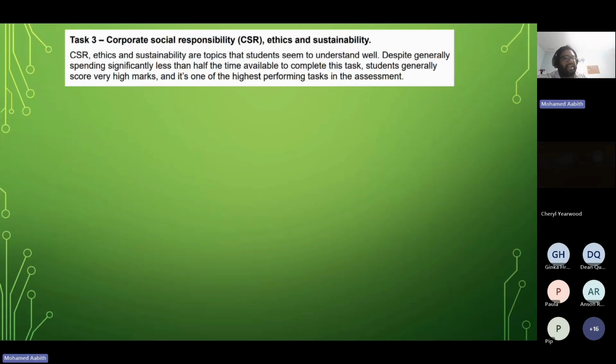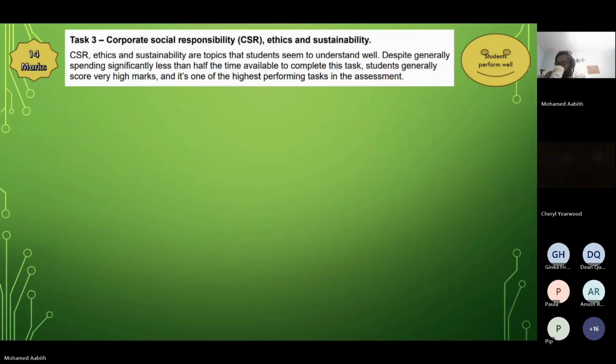Despite generally spending significantly less than half the time available to complete this task, students generally score very high marks, and it's one of the highest performing tasks in the assessment. It carries 14 marks. So it's a lot of marks, which students don't leave hanging. You just make sure you perform well on these kinds of questions as well.